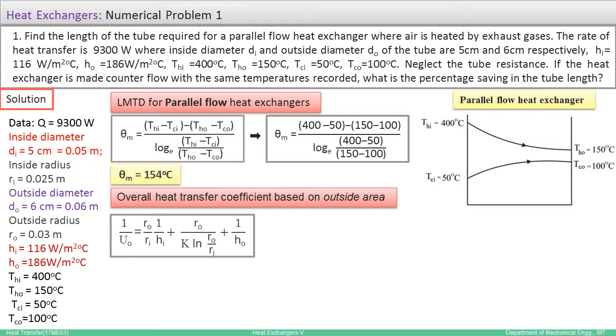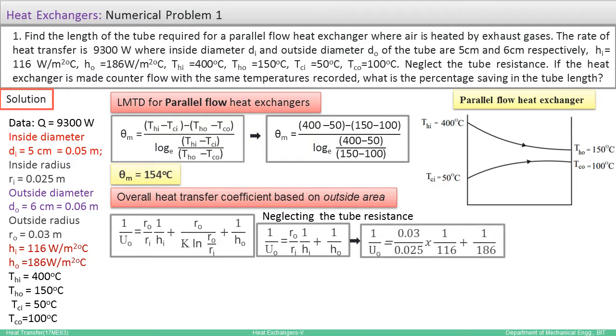In that case, the equation for U naught reduces to 1 by U naught is equal to R naught by Ri into 1 by Hi plus 1 by H naught. So we have the values of R naught and Ri, Hi and H naught listed in the data.